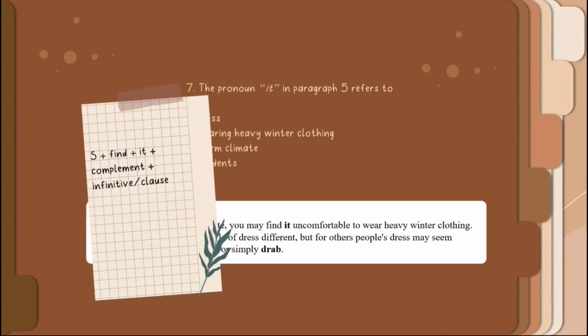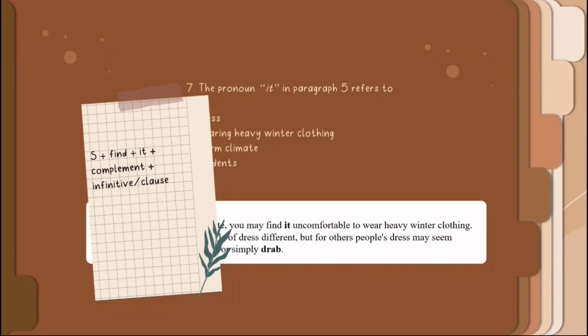As you can see here, we can use "it" as a preparatory object. This happens when the object of a verb is an infinitive or a clause, and this has an adjective or noun complement. So we have the structure: subject plus verb plus it plus complement plus infinitive or clause.